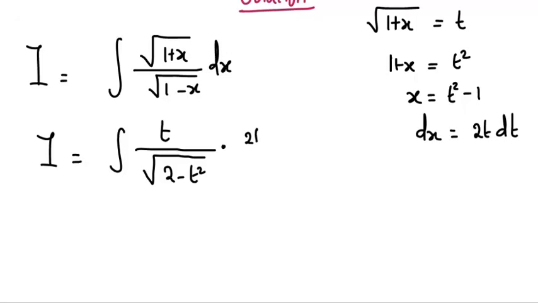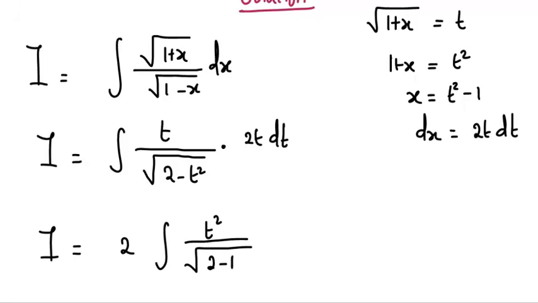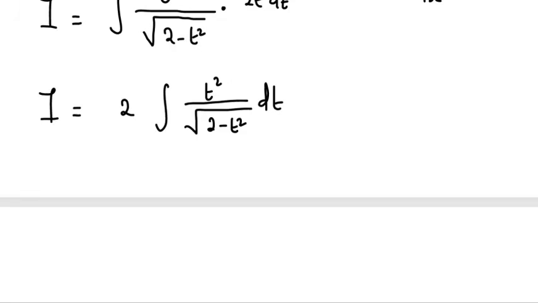Then dx is 2t dt. Take the 2 outside, we get 2 times the integral of t squared divided by the square root of 2 minus t squared, dt. Now we're going to make the following nice trigonometric substitution.